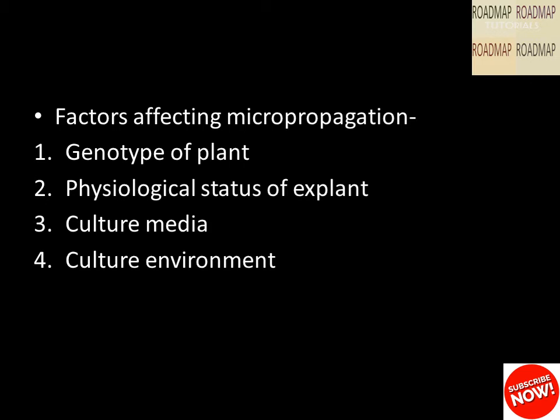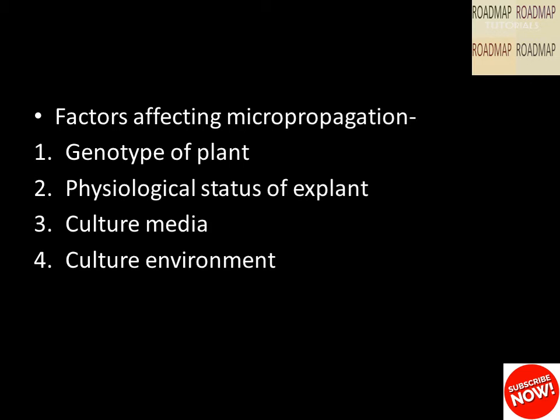Now, the third one is the culture media. The standard plant tissue culture media suitable for micropropagation for stage 1 and stage 2 is very important. Now, stage 3 has certain modifications where sometimes the growth regulators ratio, high concentration or low concentration, is required.